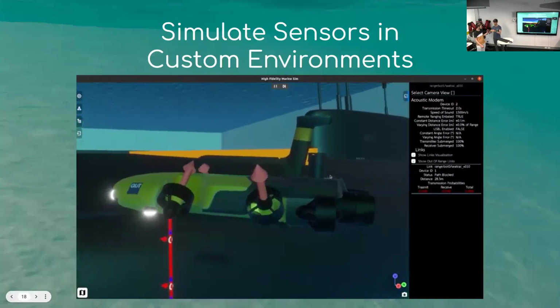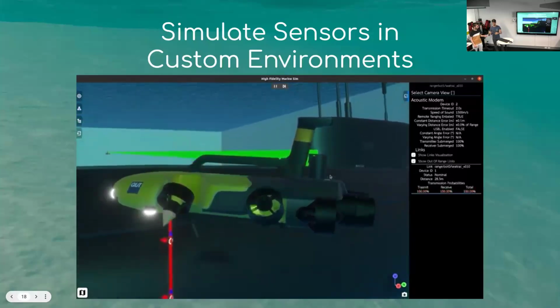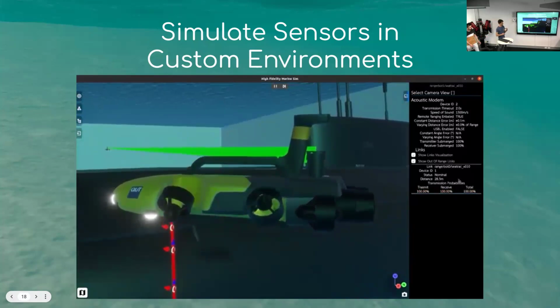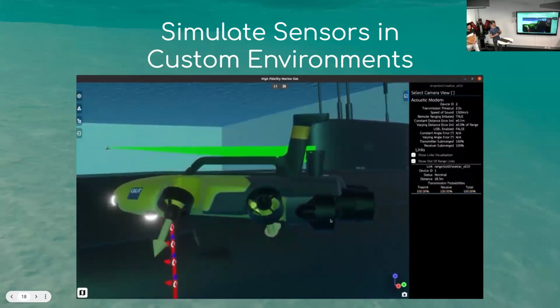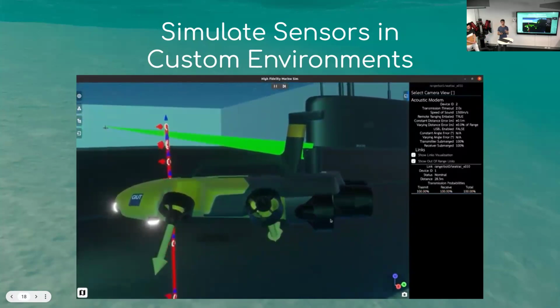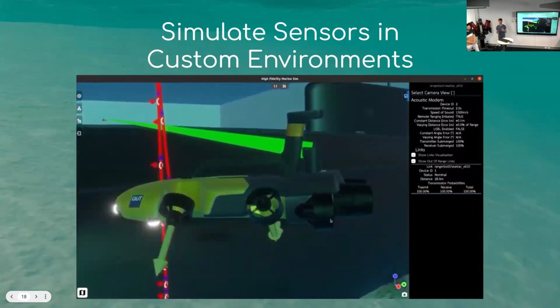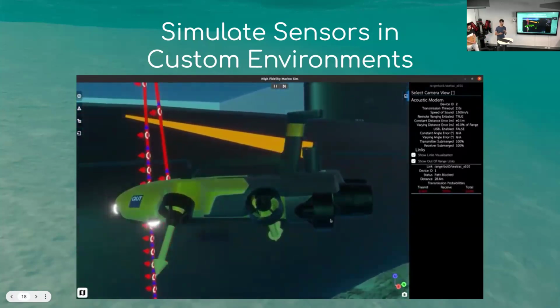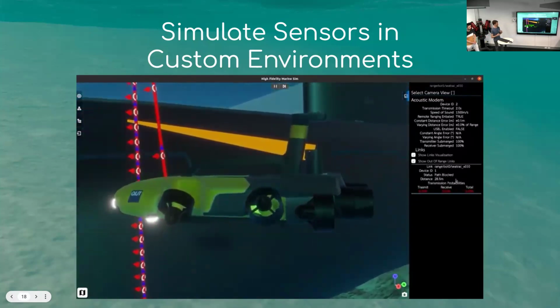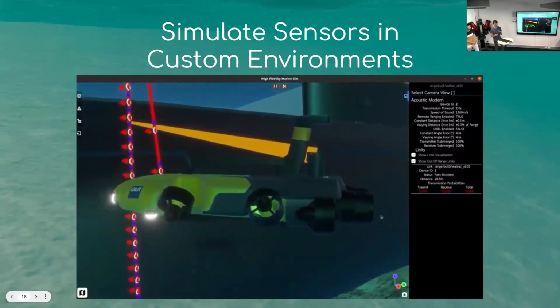The main use case for this, and the use to which it was put by Professor Matt Dunbabin, was that in reef environments, you often end up with shallow waters, and you can end up with things called coral bommies that are interrupting your direct line of sight for your USBL communications.